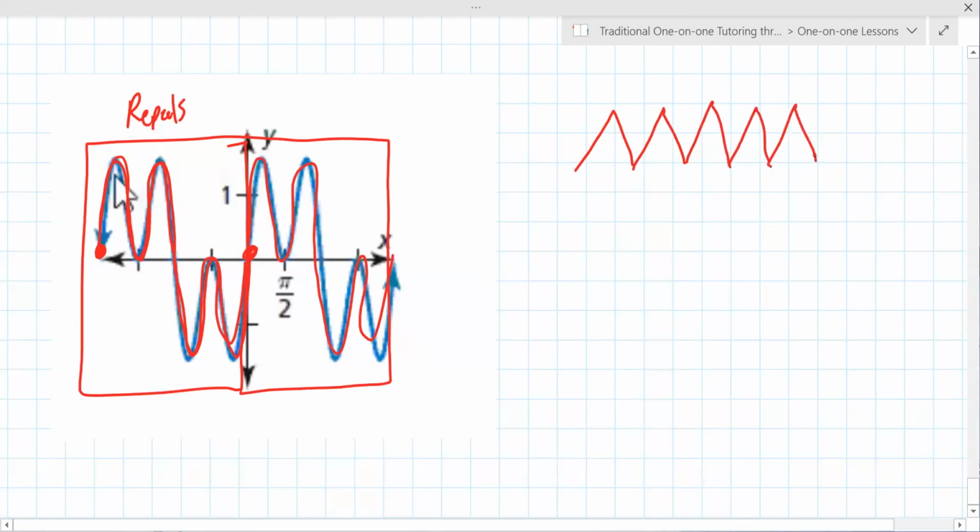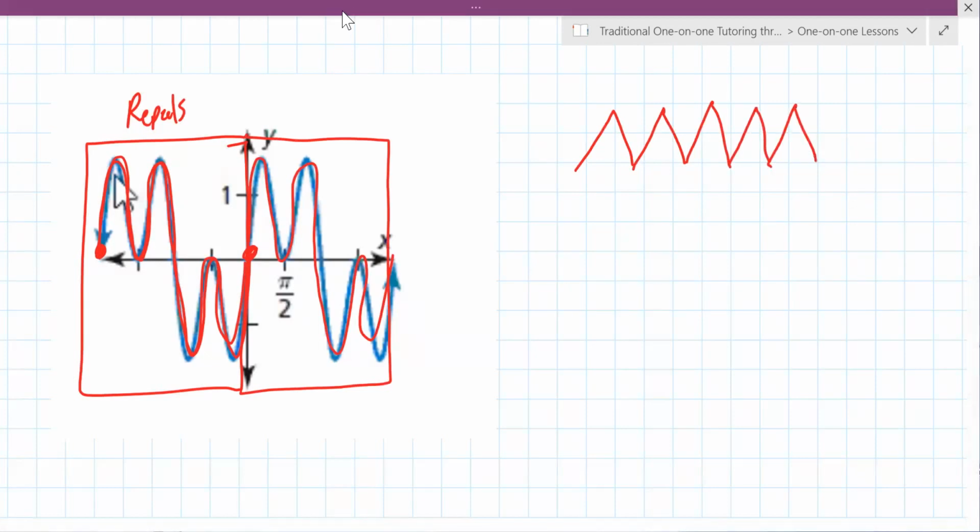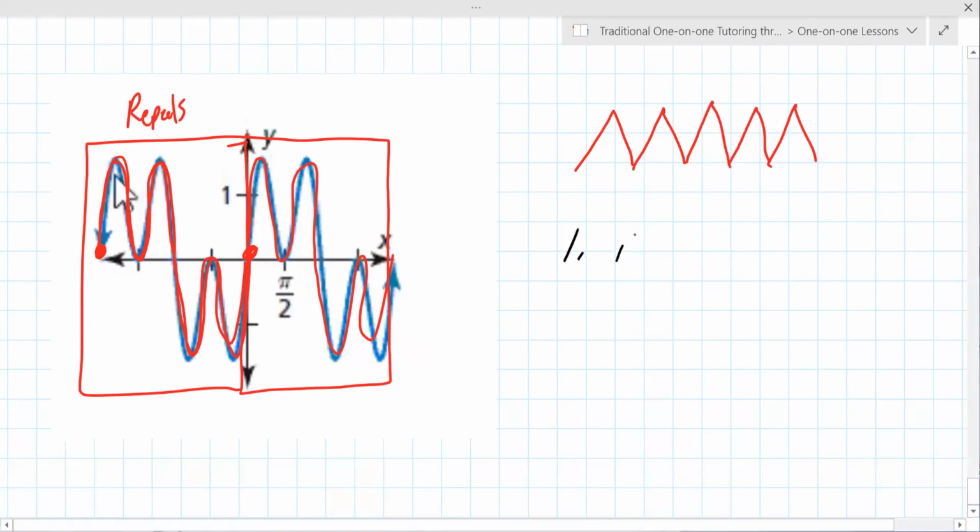Right. Okay. Now I mentioned a couple of ways to find the period. The first is peak to peak. The second is valley to valley.